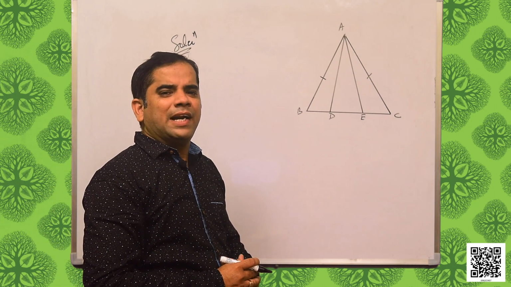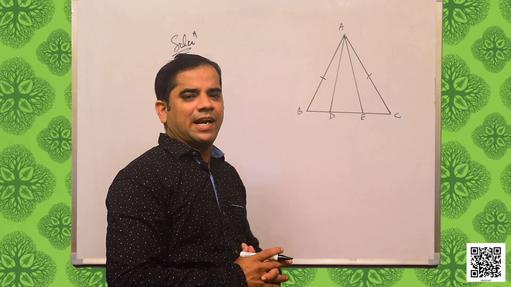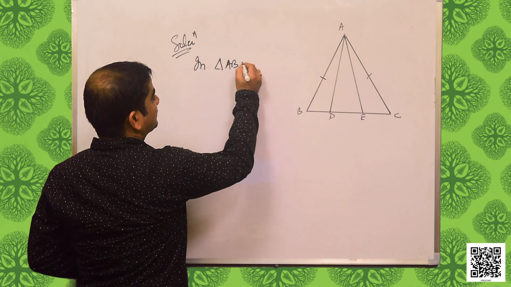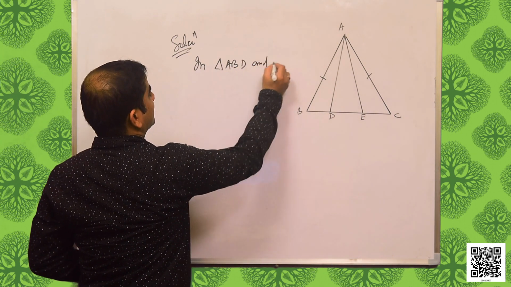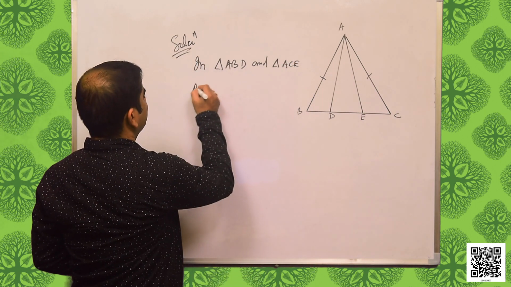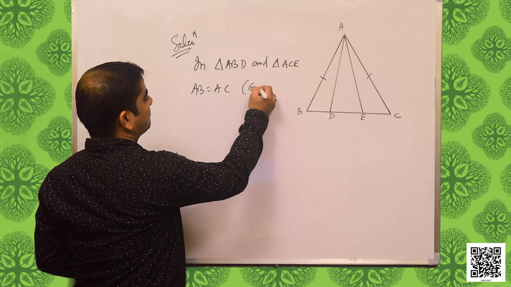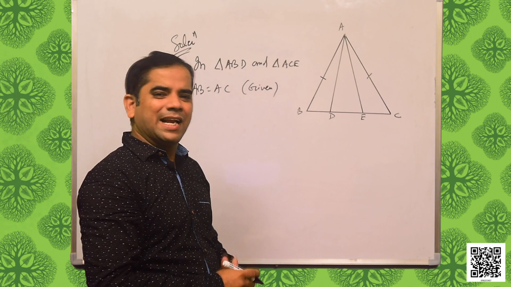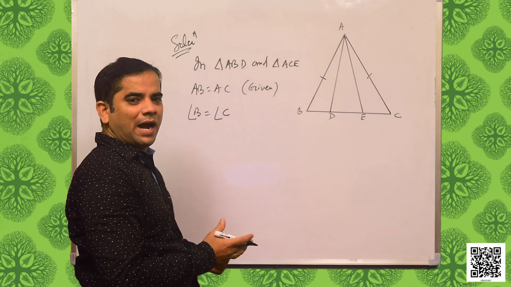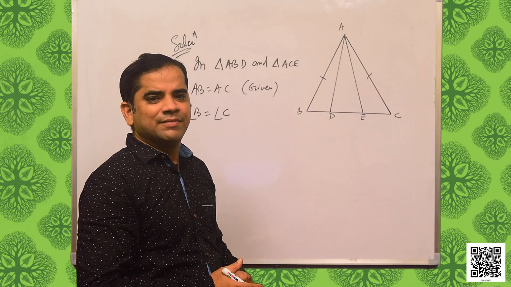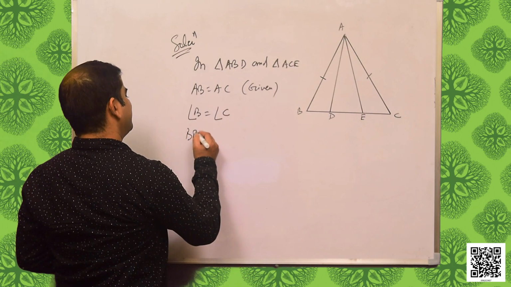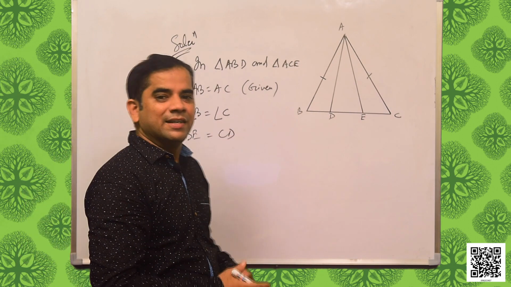Fine. So, let us concentrate on triangle ABD and triangle ACE. In triangle ABD and triangle ACE, we have AB is equal to AC, it is given, and angle B is equal to angle C. Why? Because it is an isosceles triangle. Then BE is equal to CD, it is also given.